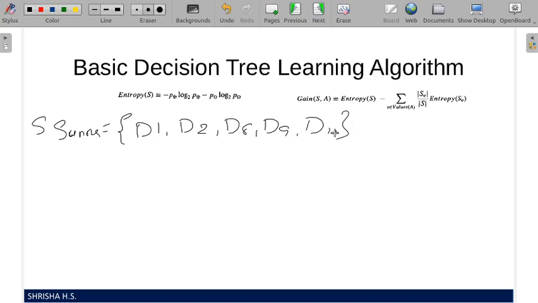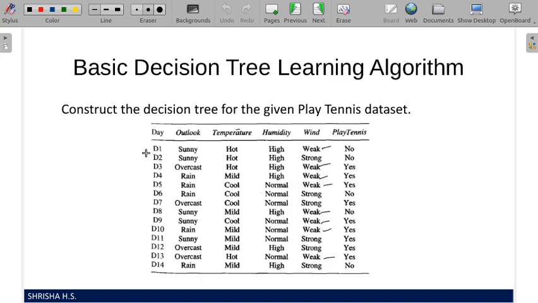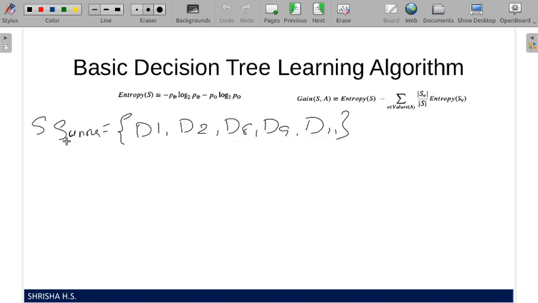Refer to the table we have. 5 instances are there.